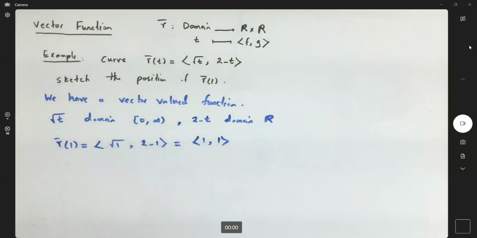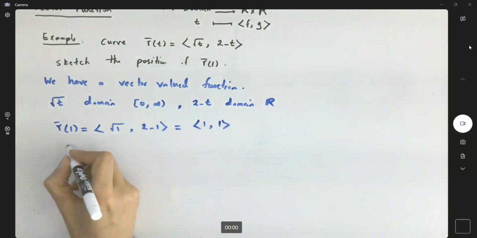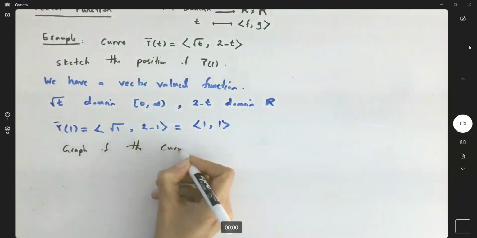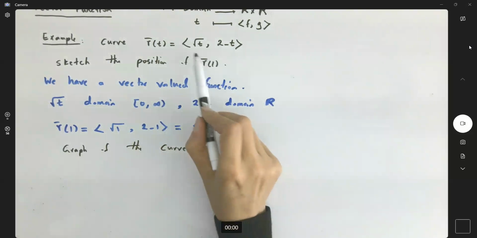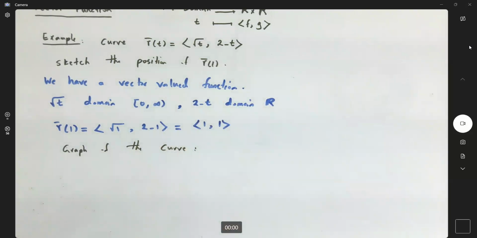So if you want to take a look at the graph of this curve, the x value is square root of T and the y value is 2 minus T. You have different methods of graphing this curve.